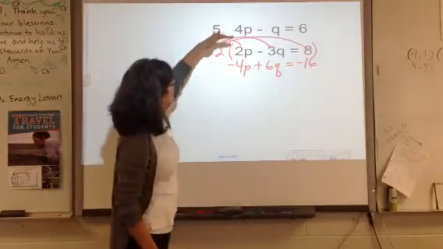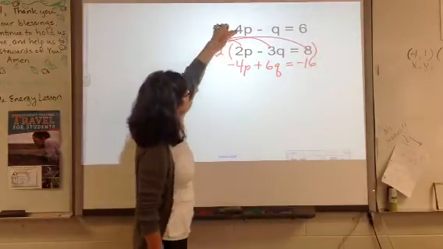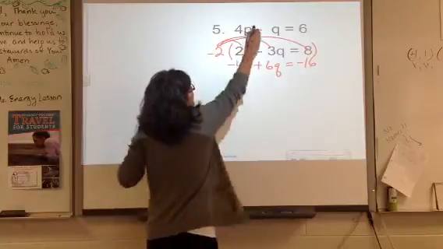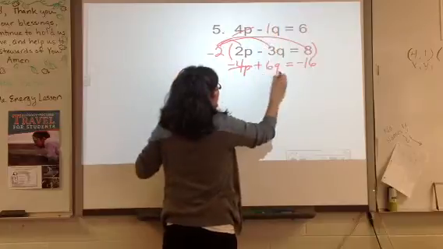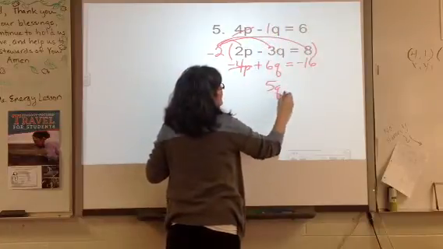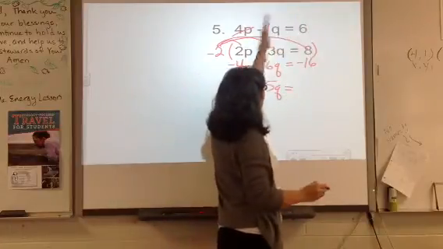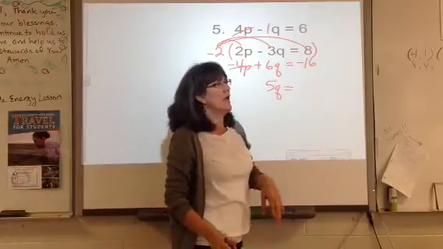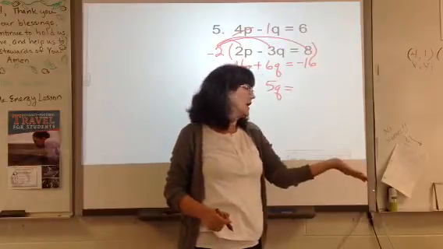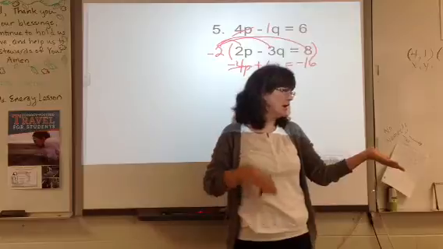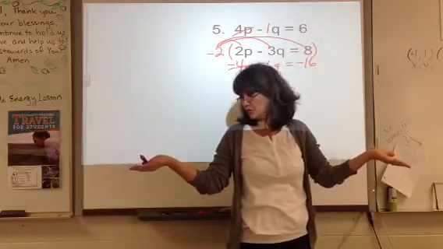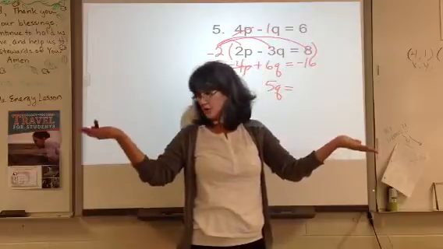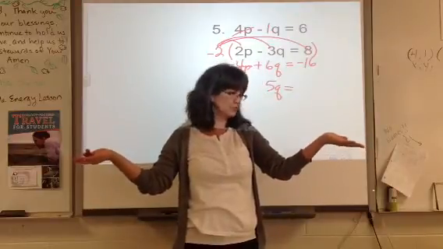And then I add my two equations, and these cancel out. See that? Cancel out. Negative 1 and positive 6 is positive 5q. And 6 and negative 16, as the famous MC Santi says, same signs add, different signs subtract. Same sign, keep the sign, different, keep the larger.